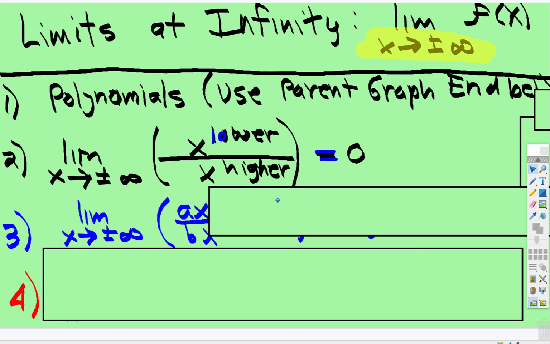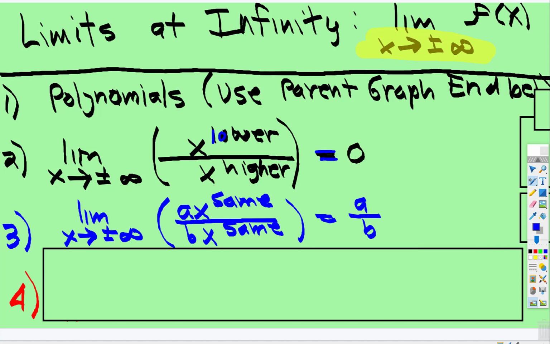When the highest x in the numerator is the same as the x in the denominator, then whatever is the coefficient of those two x's, that's what the limit will be. That's the height of that function, the ratio between a and b, so a over b. I'll do an example in a minute.